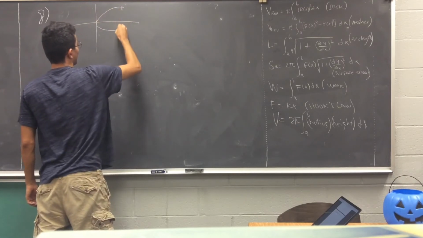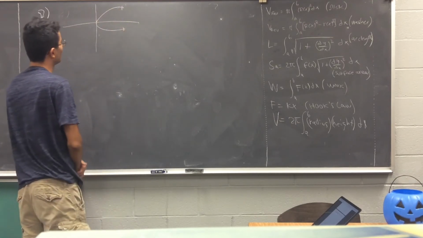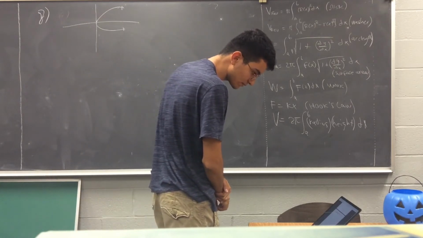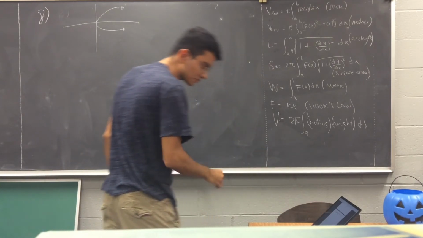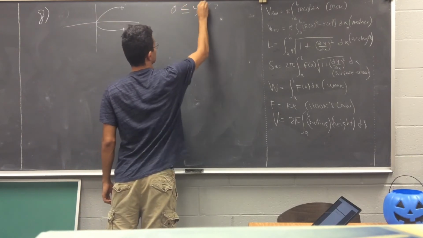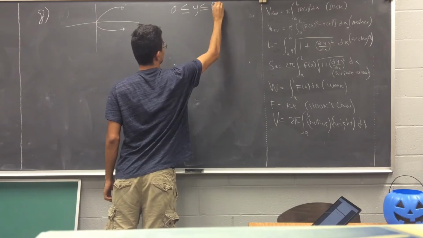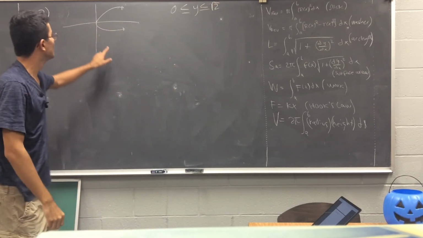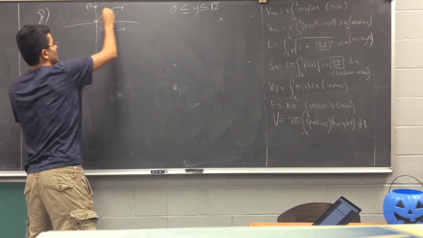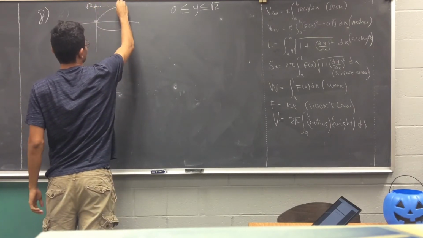And then we want to revolve that. The limits are going to be from 0 to radical 2, so 0 is less than or equal to y, less than or equal to radical 2. So the limits are going to be from here to here, and this is radical 2.